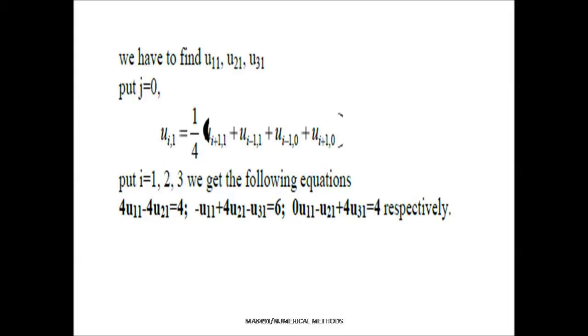Now using the formula from case 1, if you put i equal to 1, 2, 3, you are going to get the following equations respectively. So here u11, u21 and u31 are your unknowns. We are going to solve this by either the regular method for 3 equations in 3 unknowns, or by simple calculation.